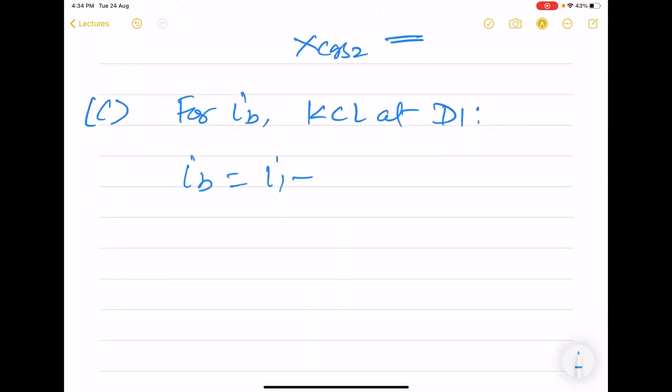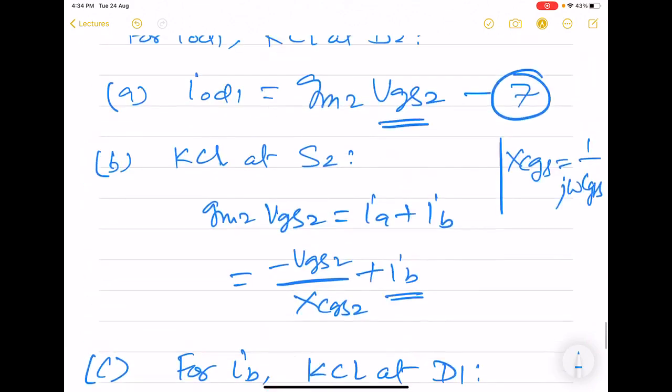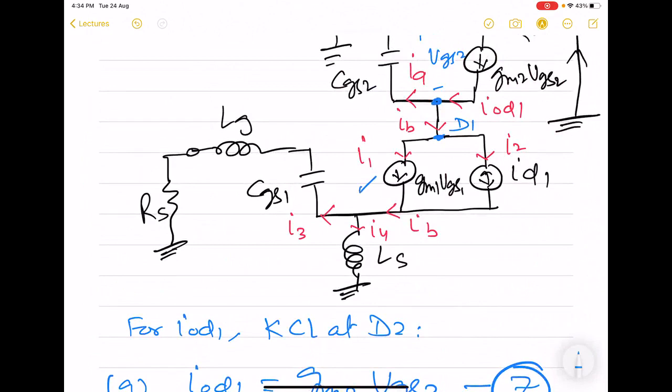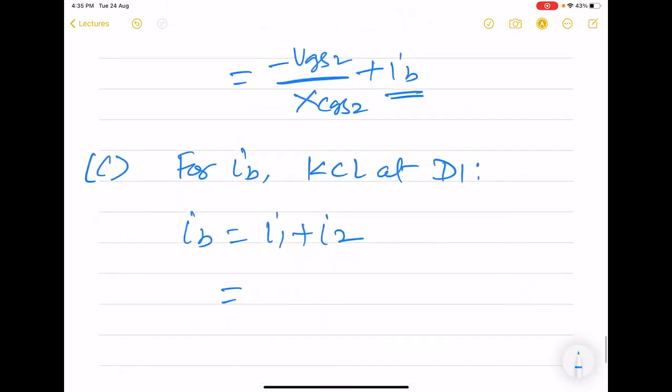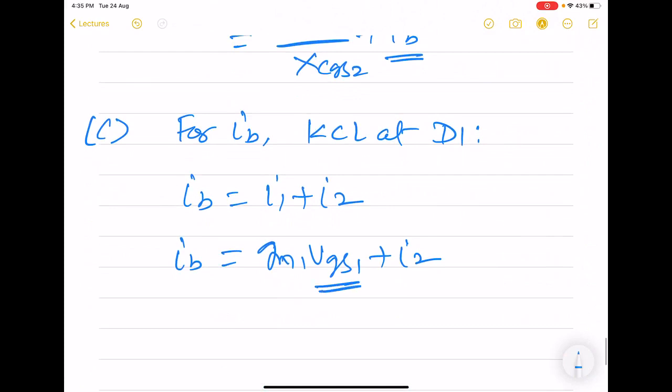So IB is equal to I1 plus I2, where I1 is this dependent current source, so GM1 VGS1. So then we will have to write GM1 VGS1 plus I2. So now we have to find out what is VGS1.